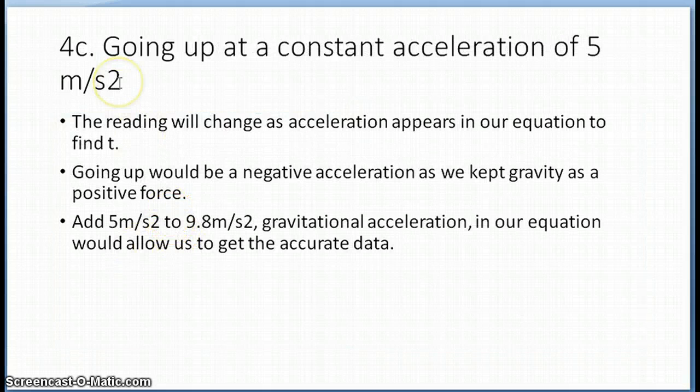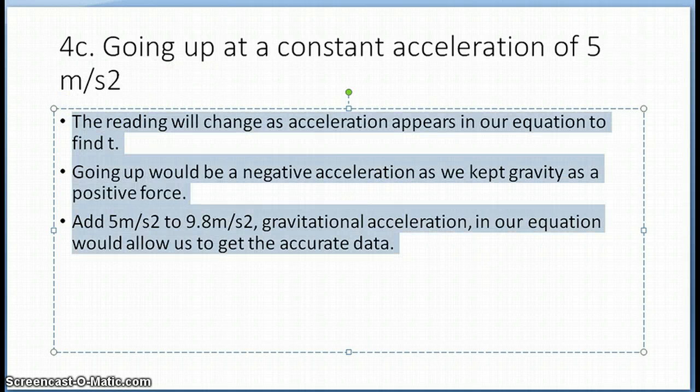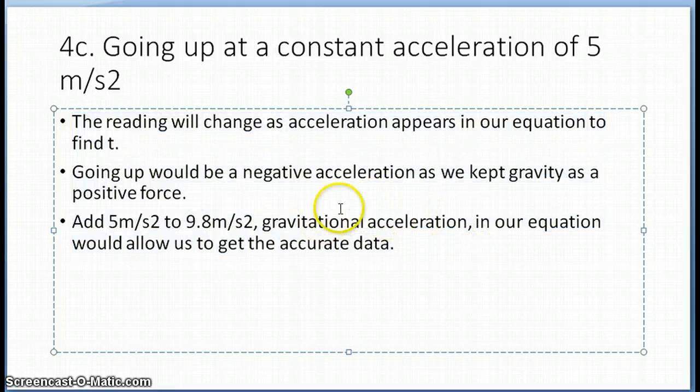So for c, going up at a constant acceleration of 5 meters per second squared, the reading will change as well, because equation 2, in the 4 kinematic equations, consists of an acceleration, which is where we put 9.8, but here we also have the constant acceleration of the elevator, 5 meters per second squared up.